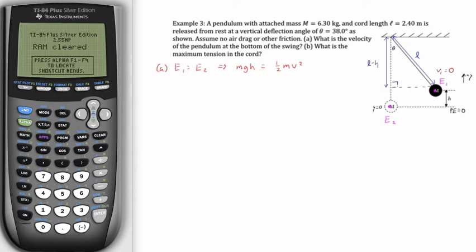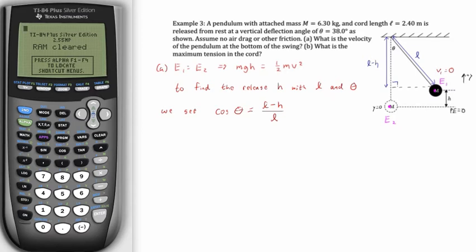So we can say, to find the release height h with L and theta, we see that cosine of theta is going to be equal to adjacent over hypotenuse, so L minus h divided by the hypotenuse of L. Okay?